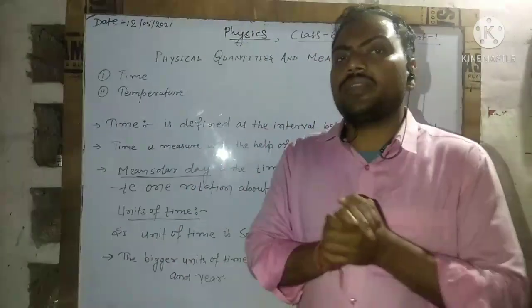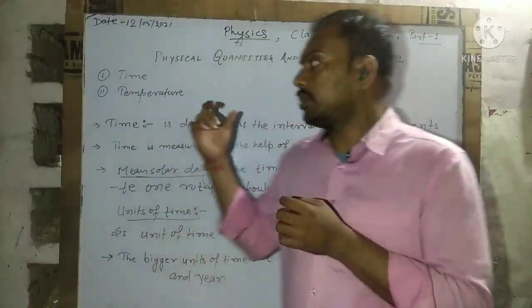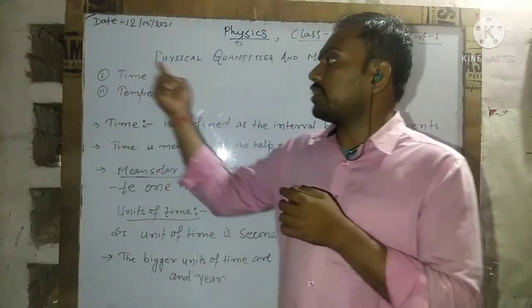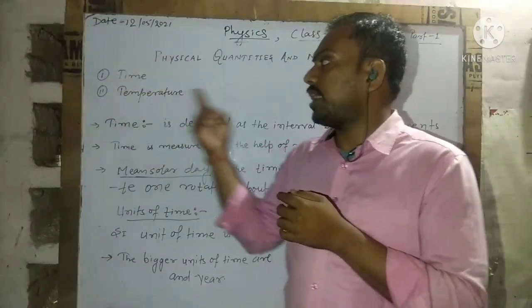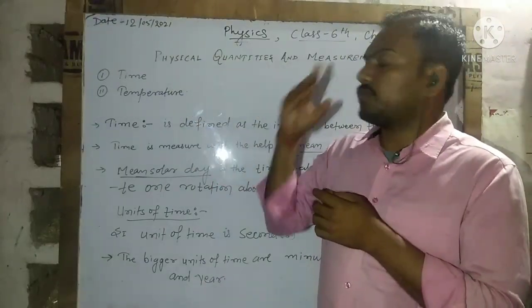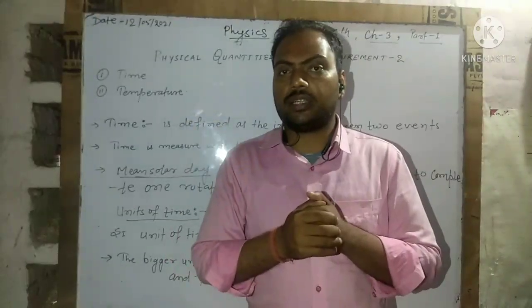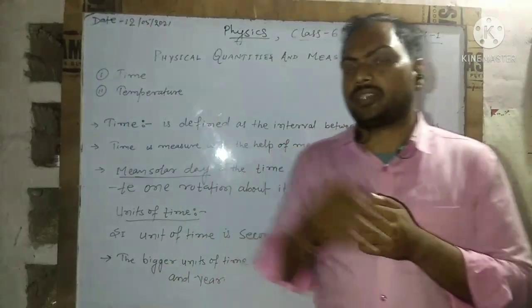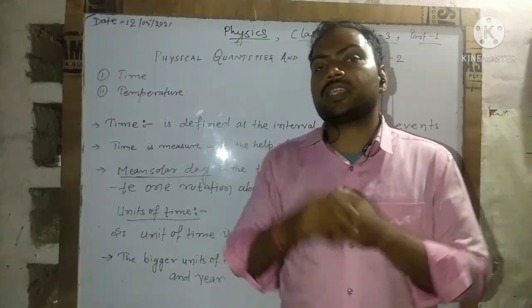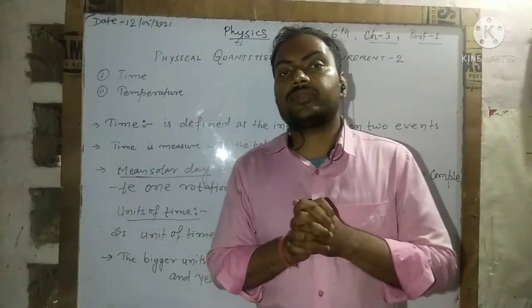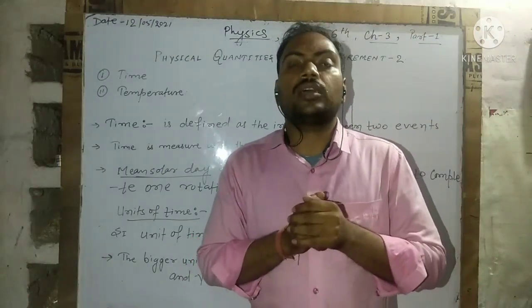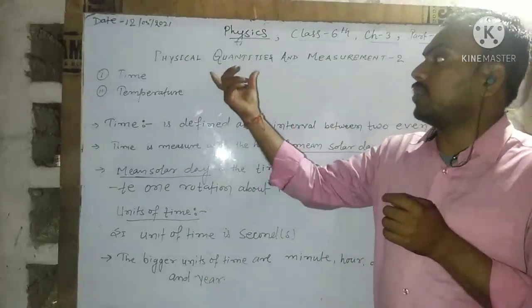So we are going to start our first topic. I have told you that we have to measure these two physical quantities. First I would like to define what a physical quantity is. As we studied in chapters 1 and 2, anything which can be measured and which follows some laws of physics is called a physical quantity.